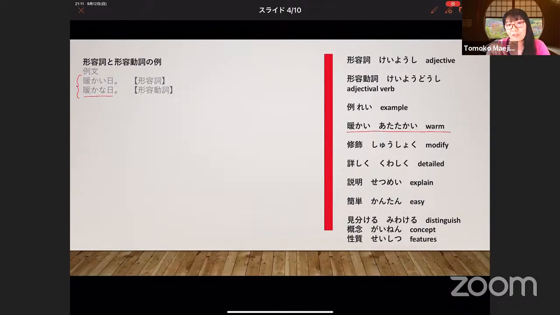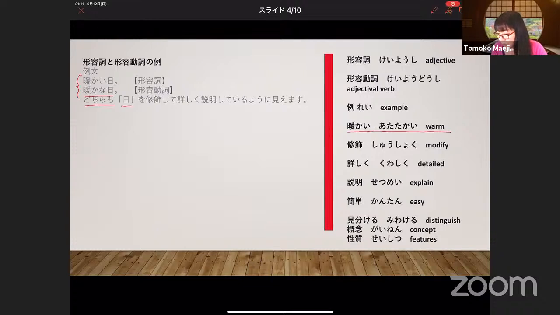These two are different types of words in Japanese. どちらも means both of them. 日.